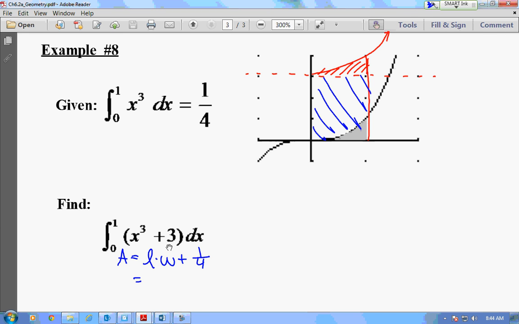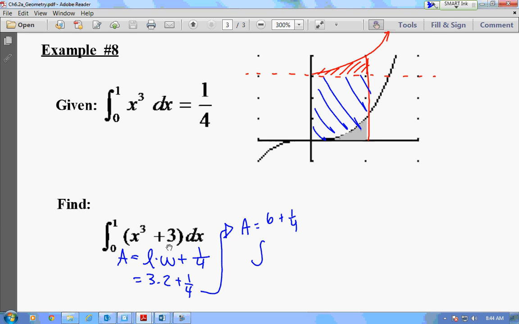Joanna, what's the length and the width of the rectangle portion after we've shifted it up? 3 and 1. Yep. So 3 times 1 plus the 1/4. So our area is what? 3 plus 1/4?